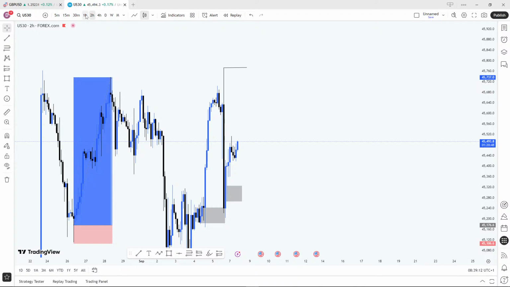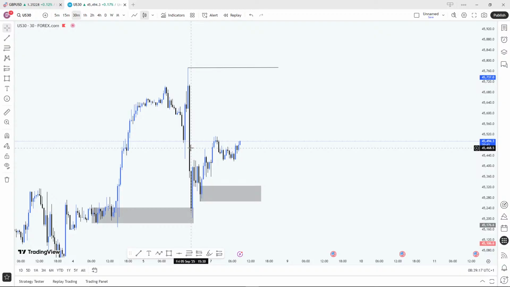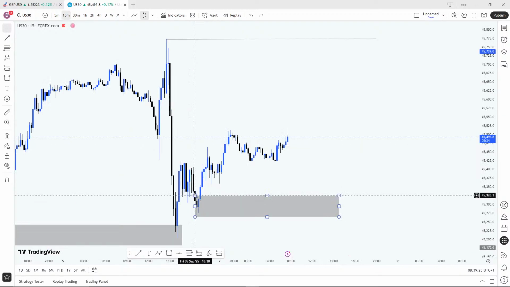I'm trying to check if it's a clear order block on the higher time frame, but it's not a clear long wick on a higher time frame. So this is where we're gonna take our buy from.